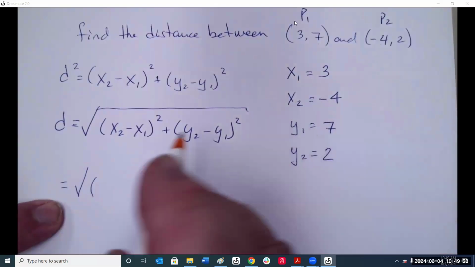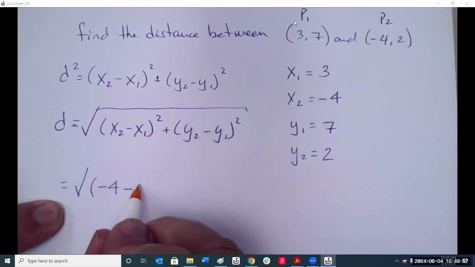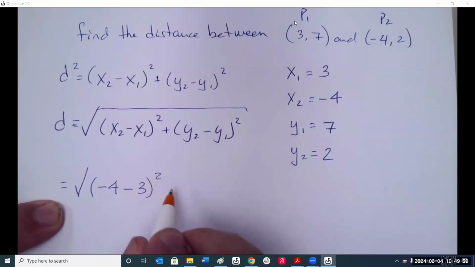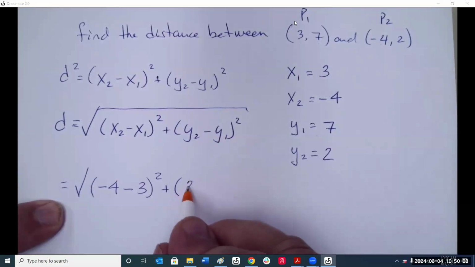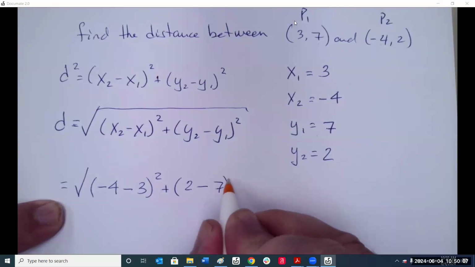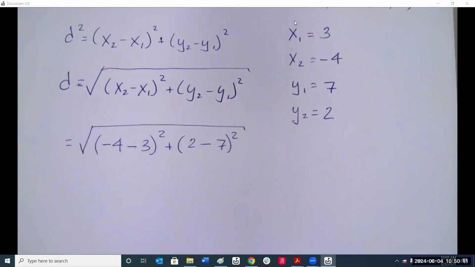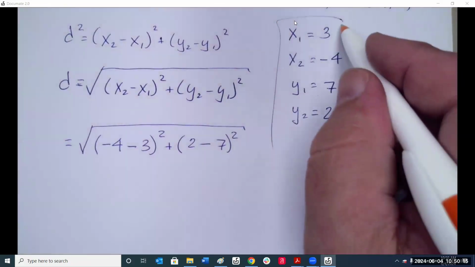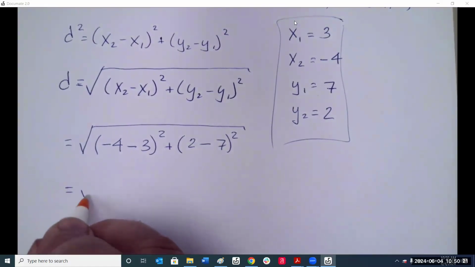So x2 is -4 minus x1 is 3. Y2 is 2 minus y1 is 7. Just once you label these, it makes it much easier. Now you just have to do the math.